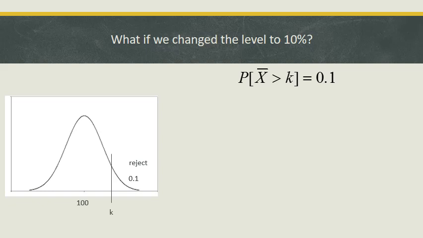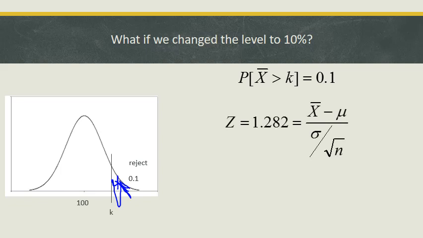But this time the area beyond k is 0.1 or 10%. In the z distribution, 0.1 area in the right tail means that z is equal to 1.282.